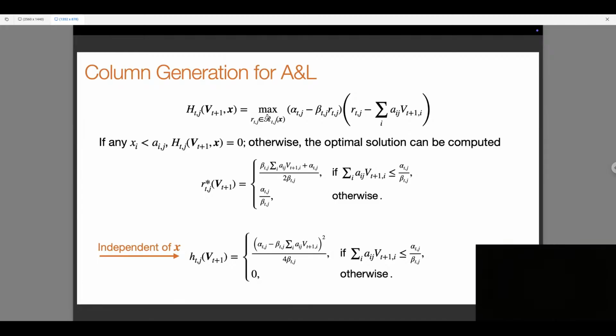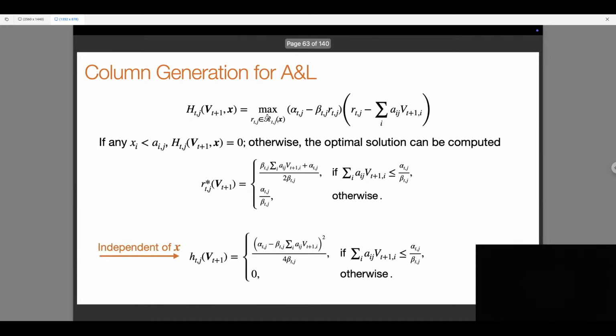We can define an htj function that equals the optimal value for the capital Htj function when there's enough resource to produce product j.